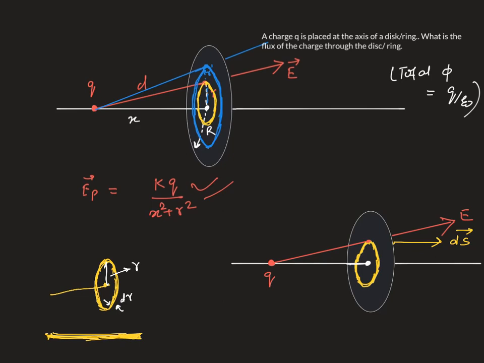So what is the area of the rectangle? The area of the rectangle is 2 pi r, that is the length, and dr, that is the width, and the area, that is ds, becomes 2 pi r dr.